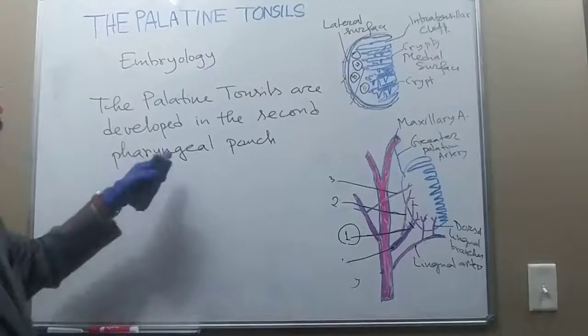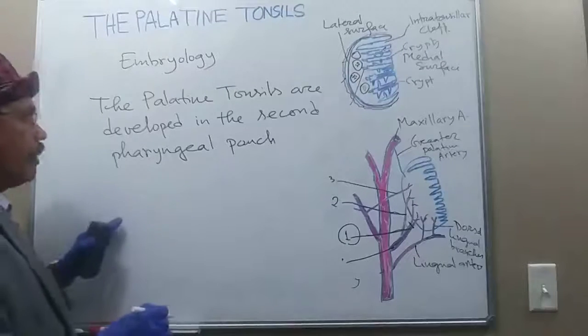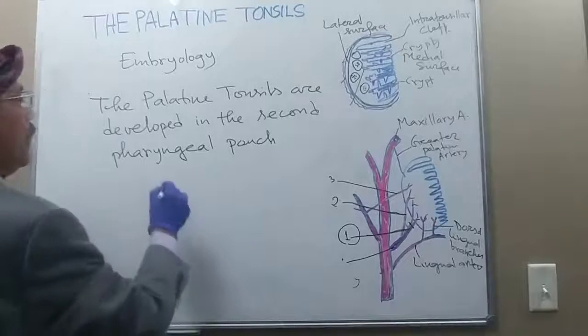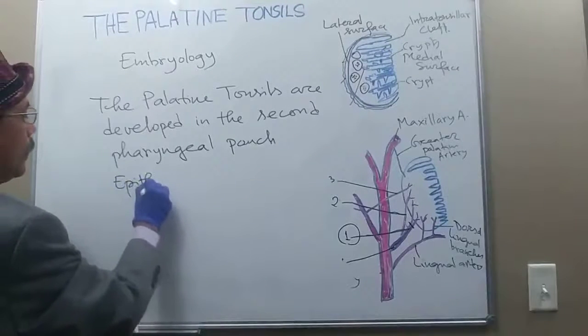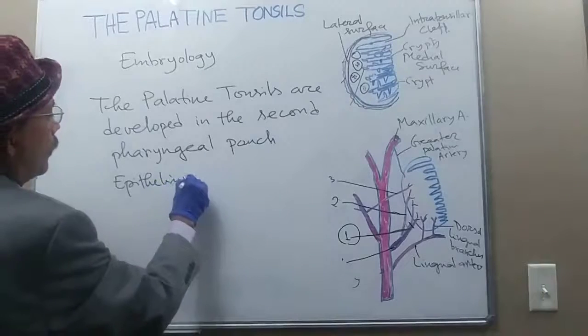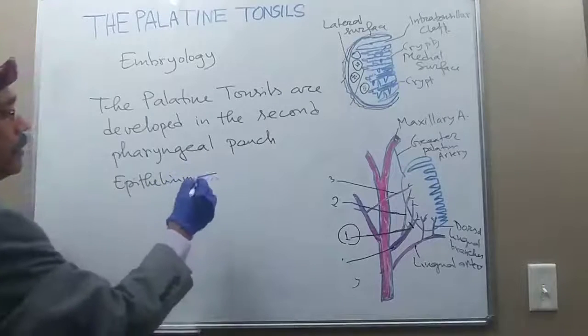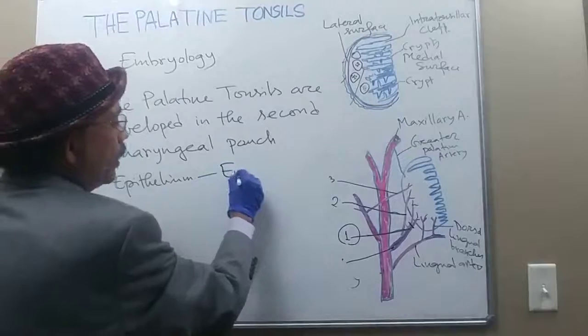It is developed in the second pharyngeal pouch. Okay, and the epithelium is endodermal.